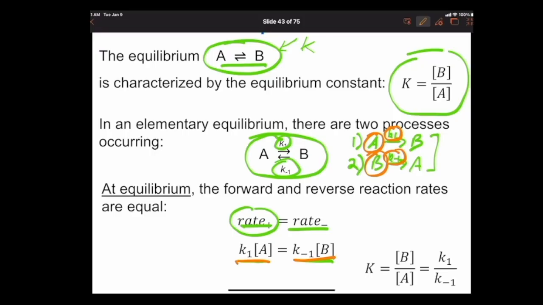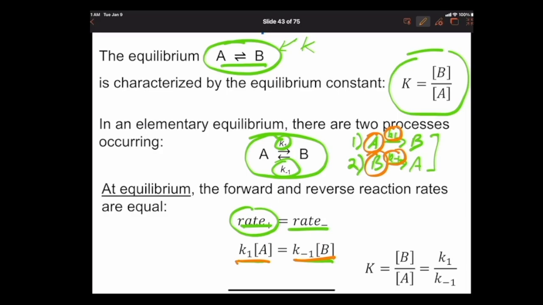If K1, forward one, is really, really big, and K minus 1 is very small, what do you think the value of that equilibrium constant will be? Is it product favored or starting material favored? If forward is a lot bigger than backwards, is this a product favored equilibrium or starting material favored? We're just saying the rate to get to product is much faster than the rate to starting material.